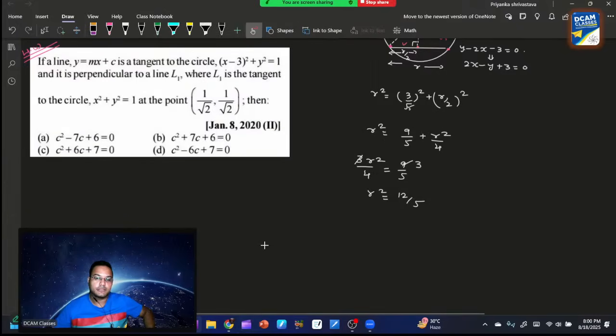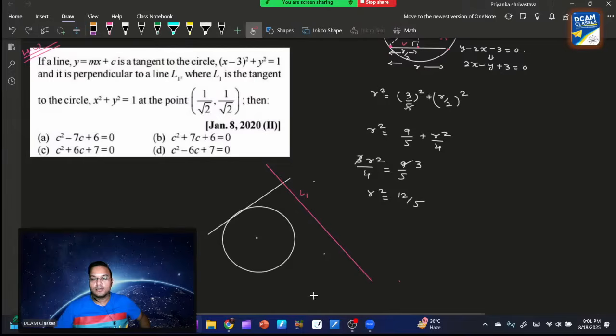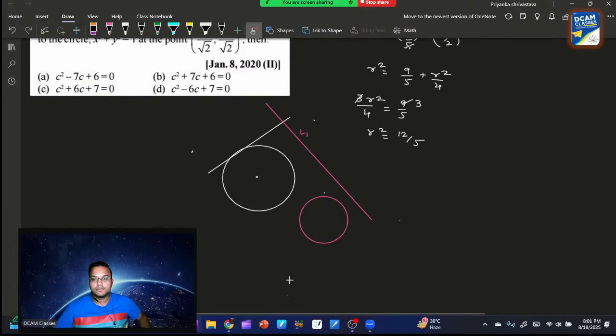I will have to make a diagram. First tangent, and this is actually perpendicular to your line L1. Line L1 is tangent to the circle.